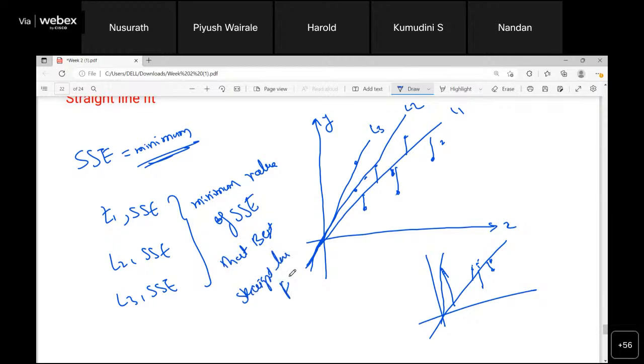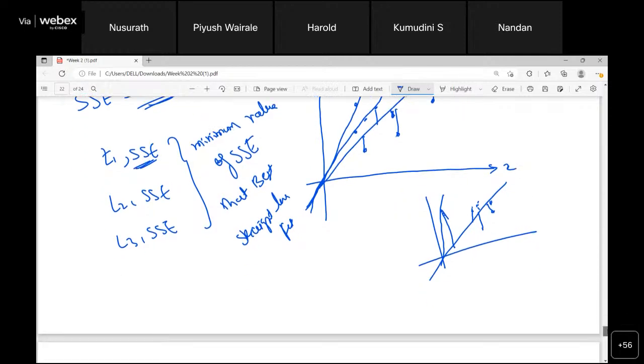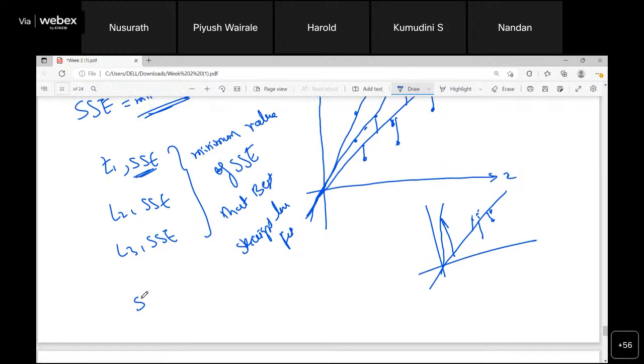Now what is SSE? How to calculate SSE? That is basically the sum of squared error, right? If we have the equation y equals to mx plus c, ultimately what we are doing here is comparing the value of this y with the value mx plus c, right?